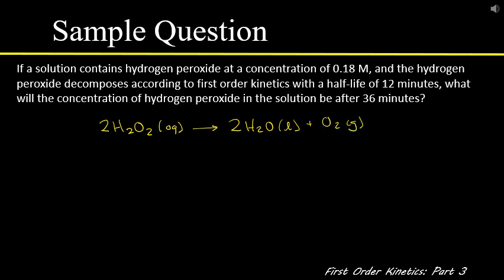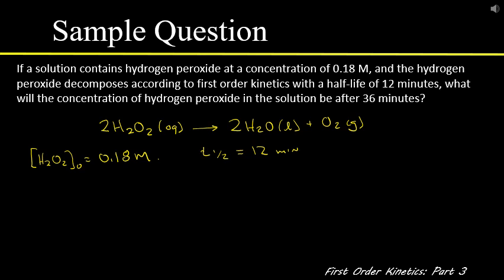And it follows first order kinetics. The initial concentration is 0.18 molar. Okay. And the half-life is 12 minutes. And we want to know what the concentration is going to be after 36 minutes.